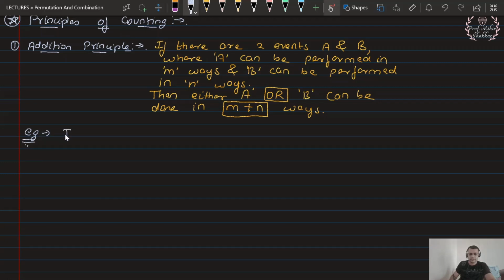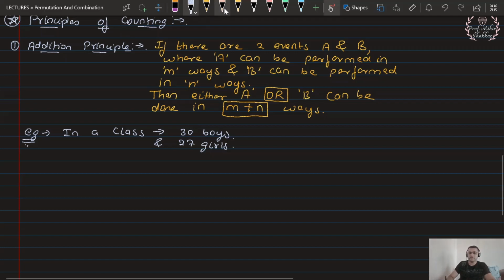Suppose in a class there are 30 boys and let us say 27 girls. The class teacher wants to appoint any one student as a class monitor. So the teacher can appoint either one boy or one girl as a monitor. So suppose the teacher decides to appoint one boy as a monitor.